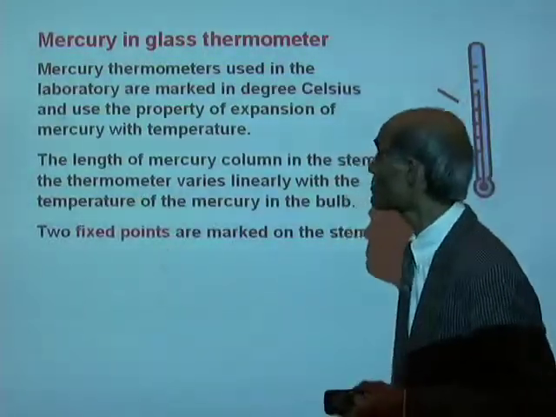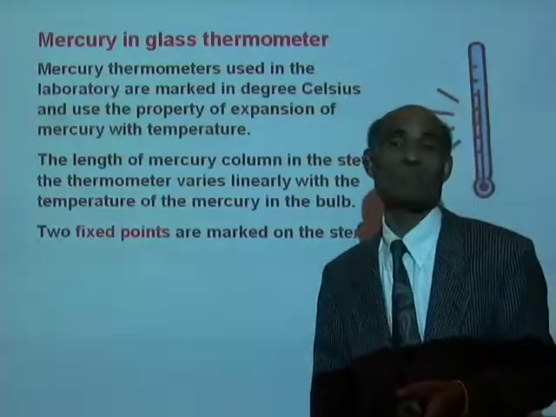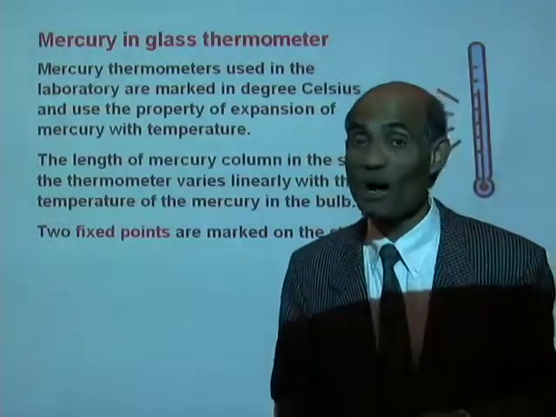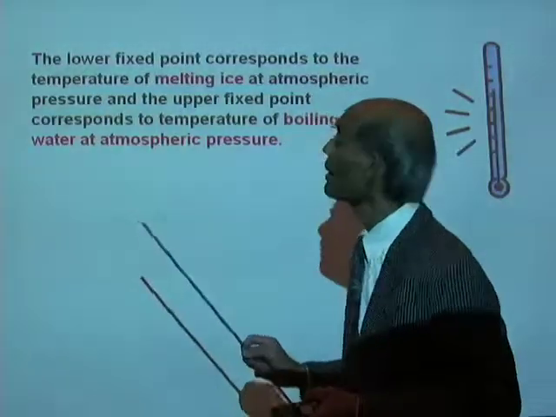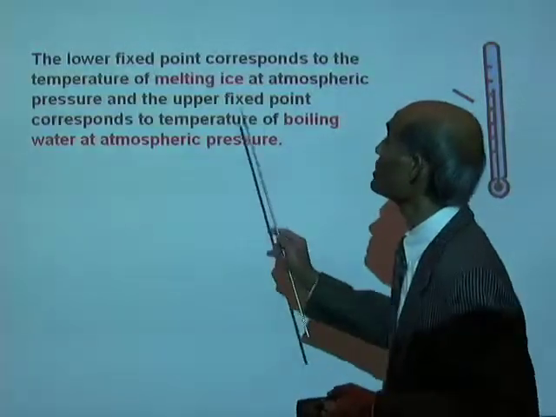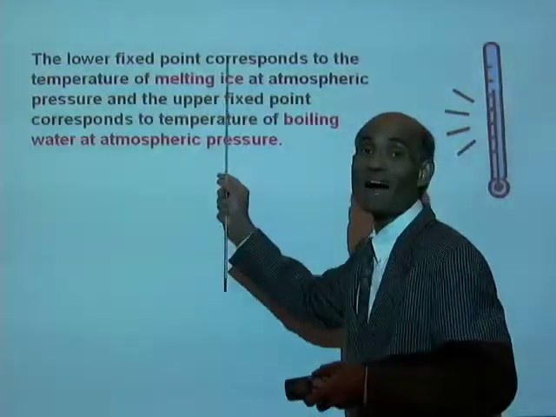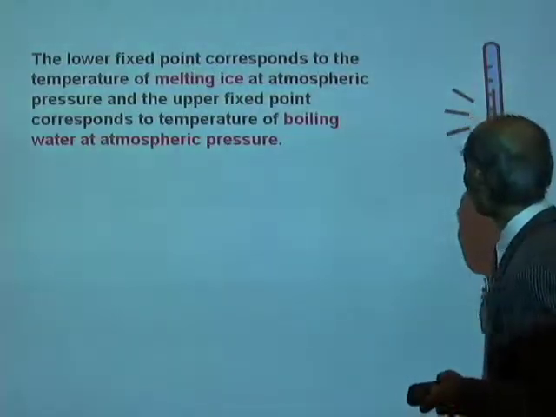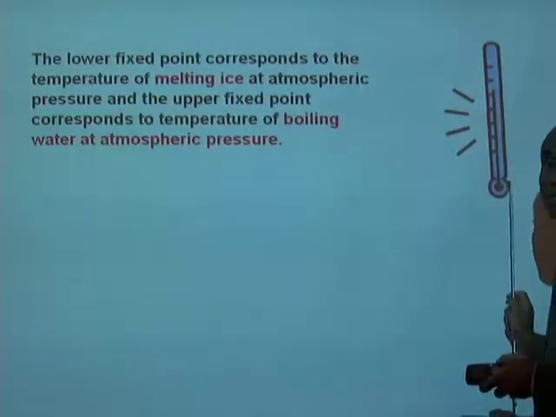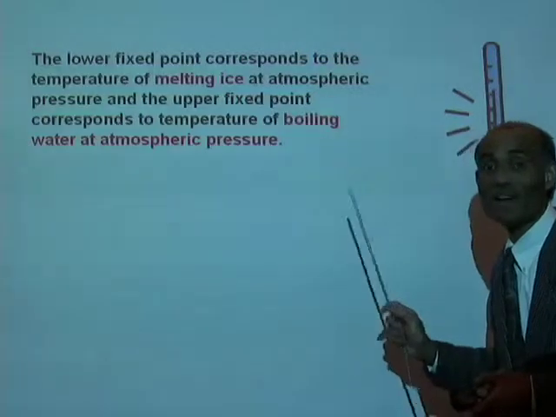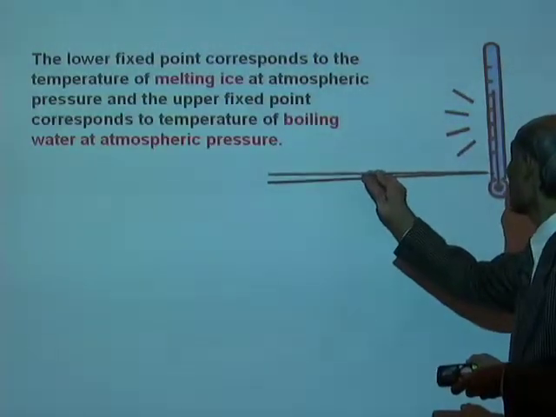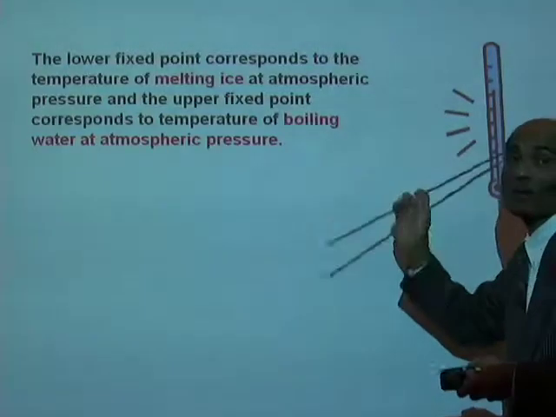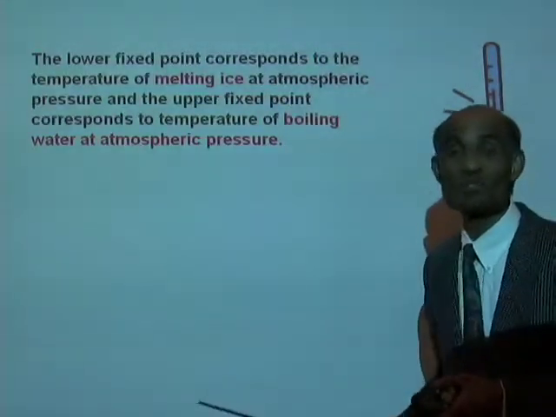Now, two fixed points are marked on the stem. I talked about that already. What are the two fixed points? Well, one is called the lower fixed point. The lower fixed point is the temperature corresponding to melting ice. That means you cover the bulb of the thermometer in melting ice, and after the level settles down, make a good mark on the thermometer. That will be your lower fixed point.